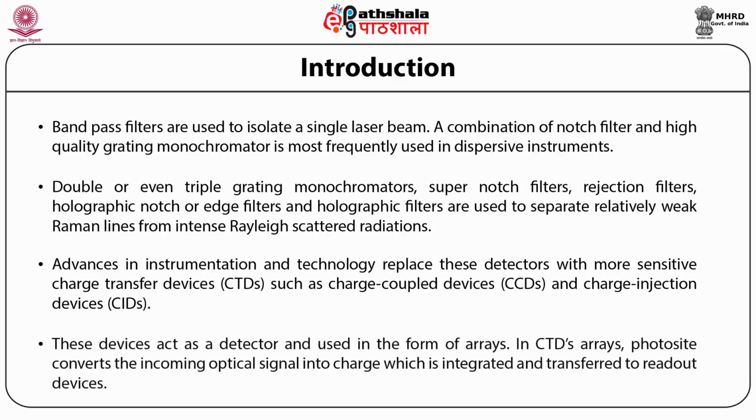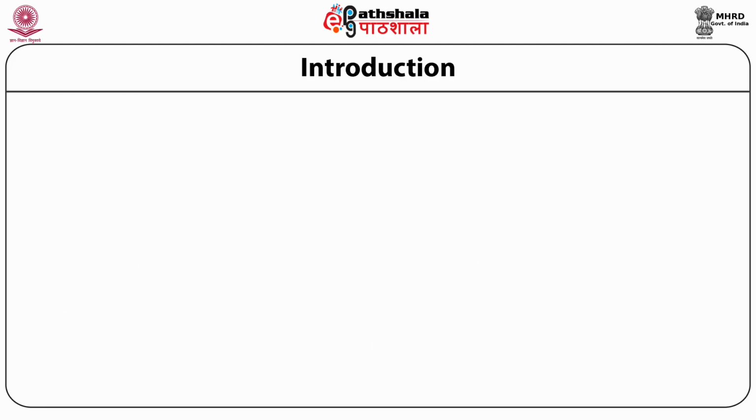These devices act as a detector and are used in the form of arrays. In CID arrays, a photosite converts the incoming optical signal into charge, which is integrated and transferred to readout devices.